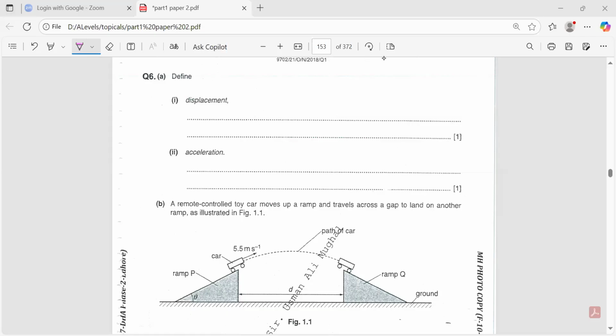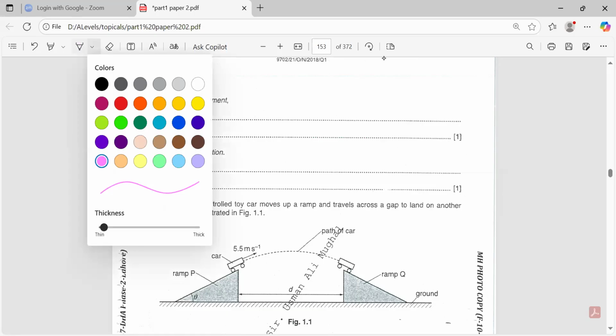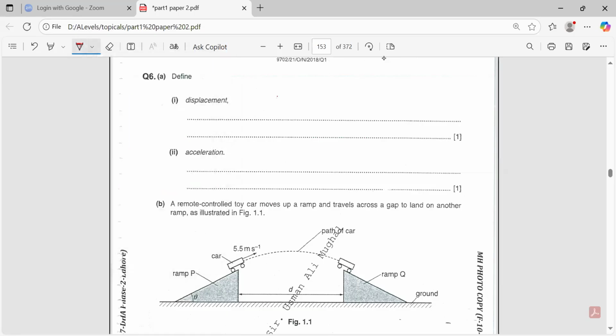All right. Come to question number 6. Question number 6 begins with a term: define displacement. So what is displacement? How are we going to define displacement?